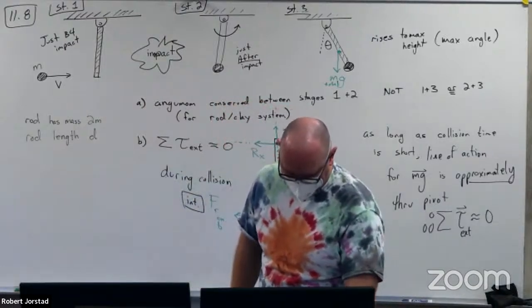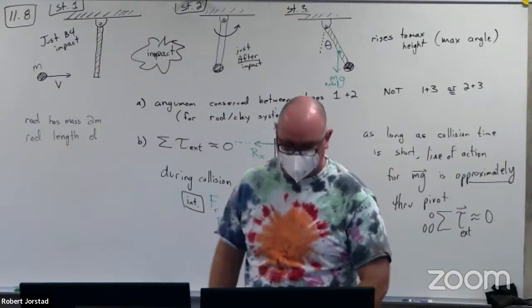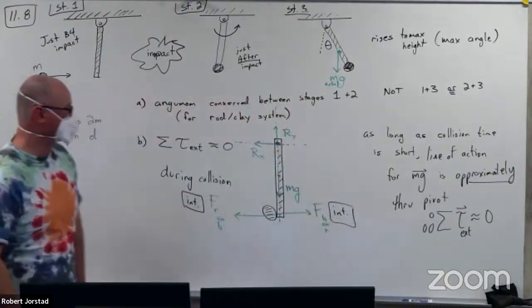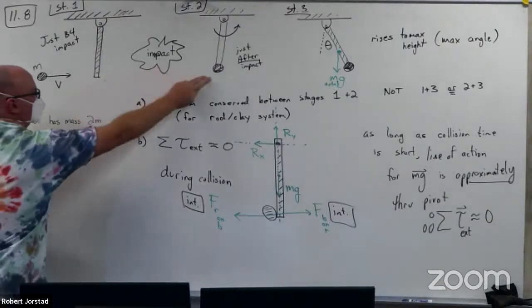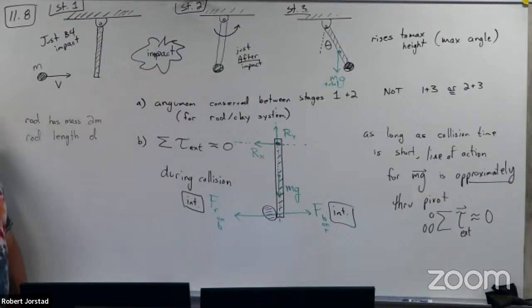Part C. When can we use conservation of energy? In particular, can I use conservation of energy between stages 1 and 2? What do you think? No. How do you know? That's right.